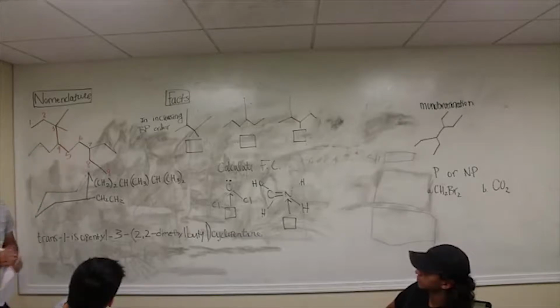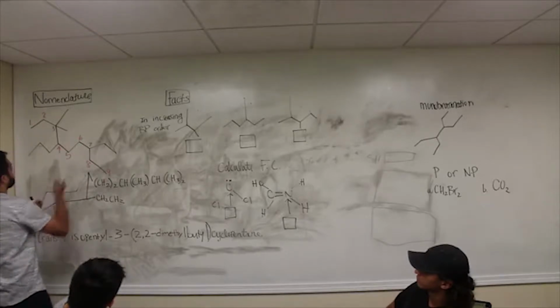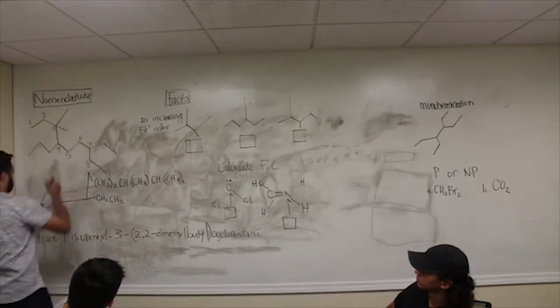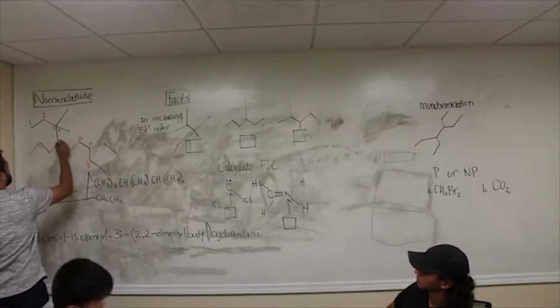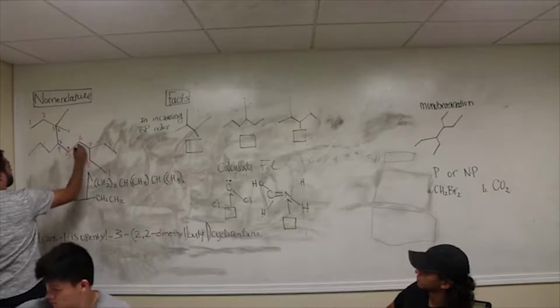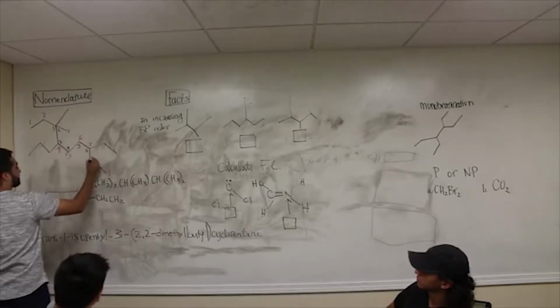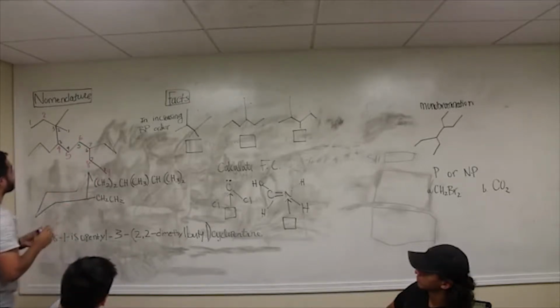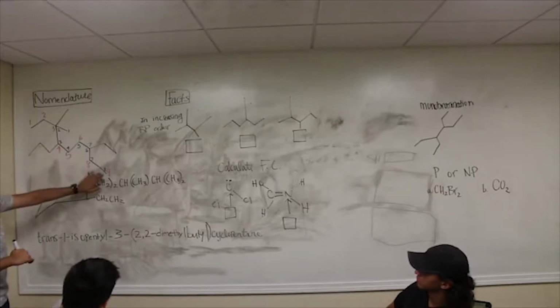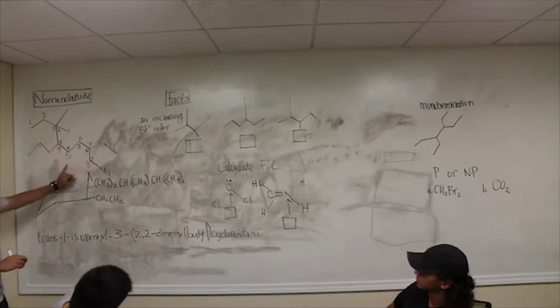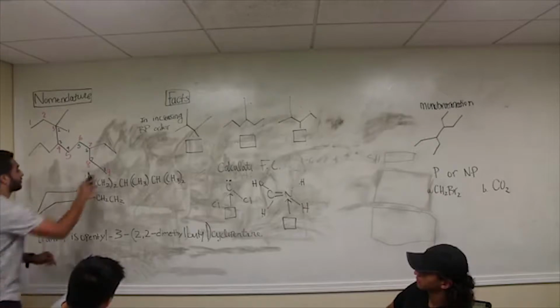Had we started counting from the other side, you'd get 1, 2, 3, 4, 5, 6, 7, 8. So your substituents would be on 2, 3, and 6, but you'd have a smaller chain going that way. That's why you know that the one in red is the correct way to go.